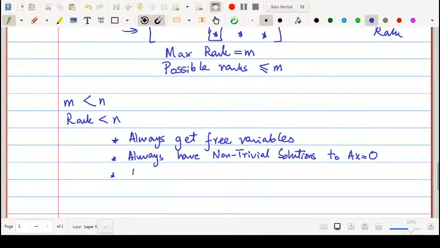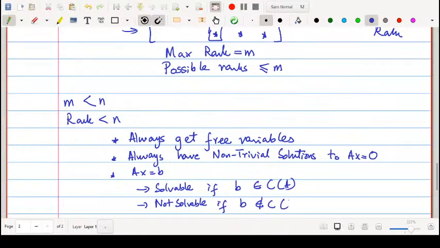And again, Ax equals b can either be solvable, if b is in the column space of A, as before, or not solvable. You get an inconsistent system if b is not in the column space of A, right?